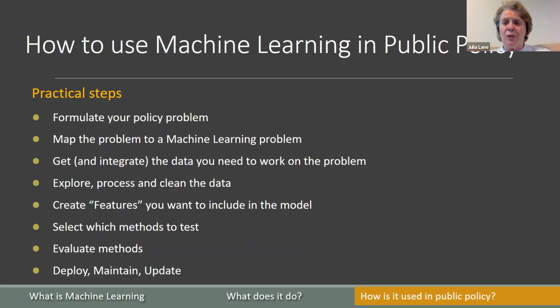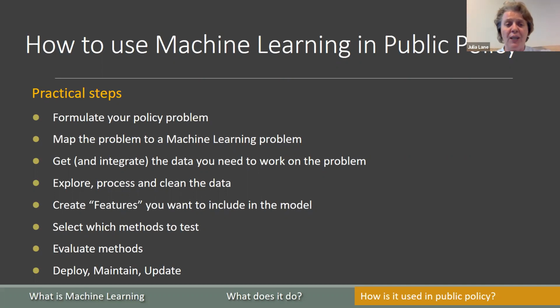So how do we use it in public policy? So the biggest thing to think about is machine learning is not a substitute for thinking. You have to be able to think about your data, have to think about the problem, and specify it in a way that is conducive to a public policy problem.